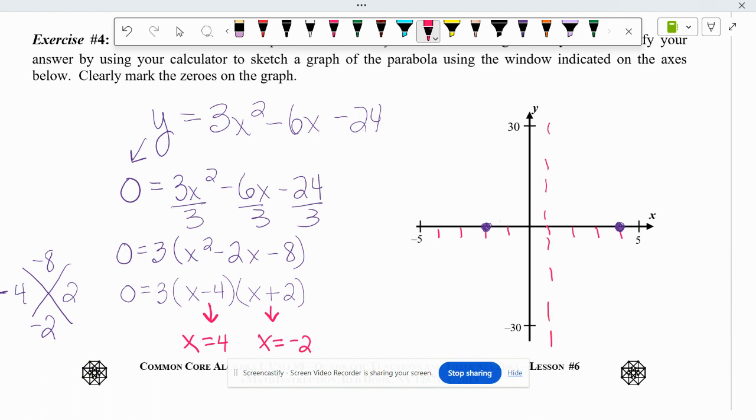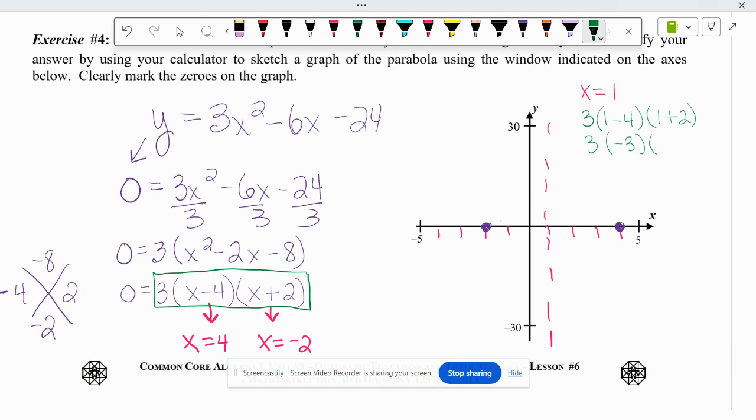So let's find the vertex. The axis of symmetry happens when x equals 1. Let's plug in 1 to find the vertex. And I'm going to use the factored form. 3 times 1 minus 4 times 1 plus 2. So what's 1 minus 4? -3.